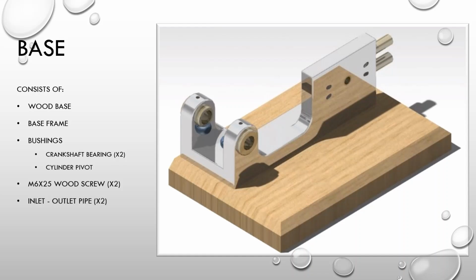This consisted of the wood base, the base frame, bushings, both the crankshaft bearing and the cylinder pivot, 2 M6x25 wood screws, and 2 inlet outlet pipes. The purpose of this part is mainly to hold the other subassemblies in the correct position for operation of the steam engine, as well as to deliver steam to the cylinder.